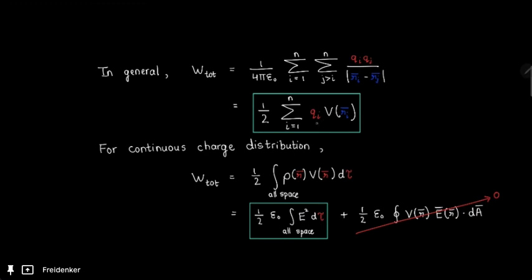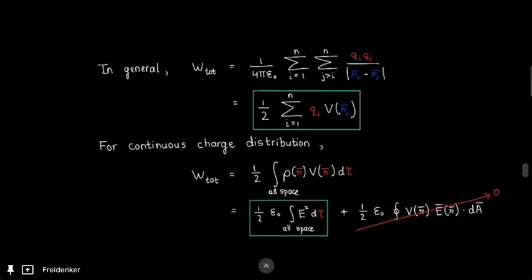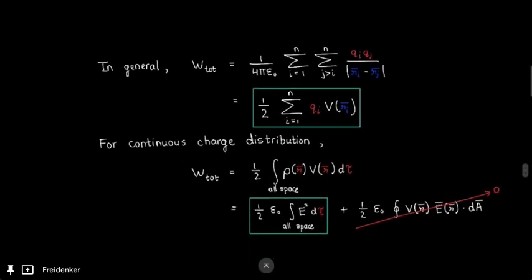You just find half of the summation of charge multiplied with the potential experienced by the charge due to all other charges. That is what this means. I hope the notation is clear. You can look at it by yourself. There is nothing much, but that is in the case of discrete charges.